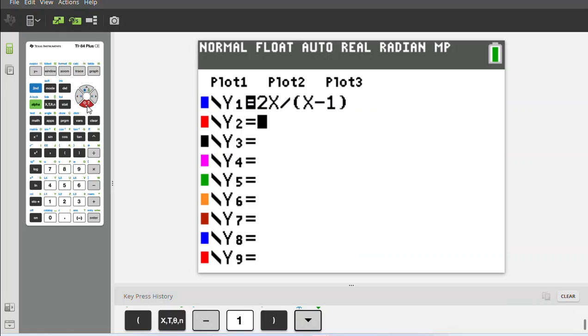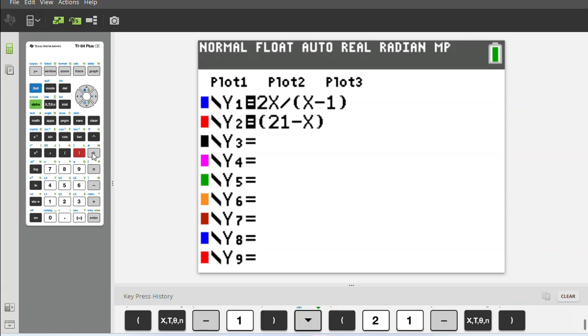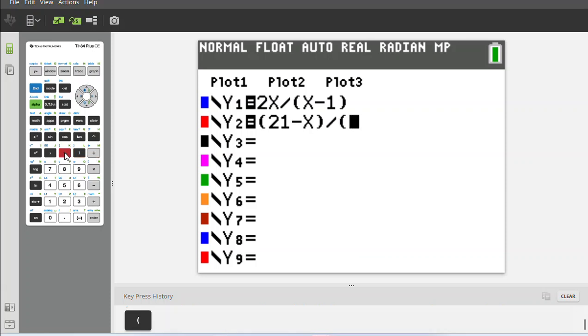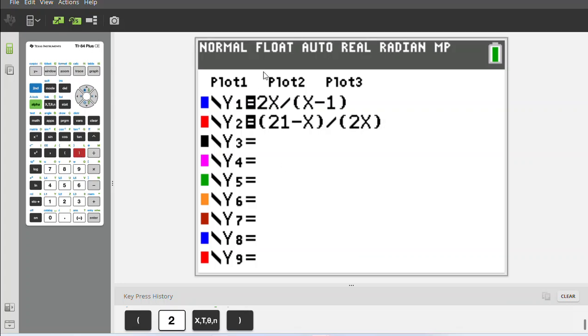So it's going to be parentheses 21 minus x over, and I'm going to do parentheses around the 2x. I didn't need parentheses on this first 2x because order of operations will already keep them together first, but it wouldn't hurt if you're not sure on a fraction, you could put a set of parentheses on it.